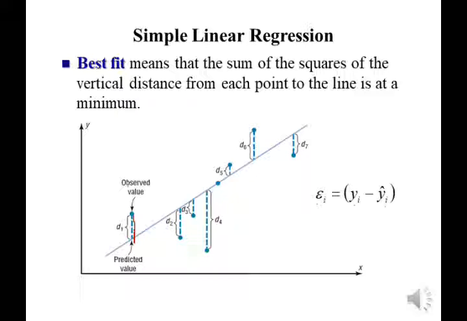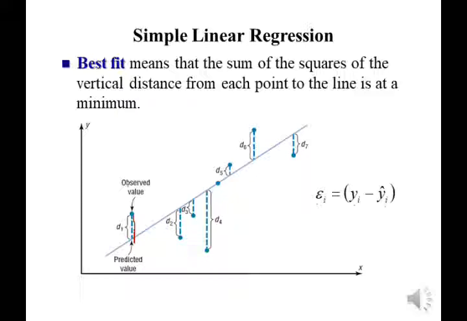Of course, if all the points are on the line, this is the best thing. But usually, this is the theoretical thing that never happens. In practice, we must have the line with some points on it, some points below it, and some points above it.